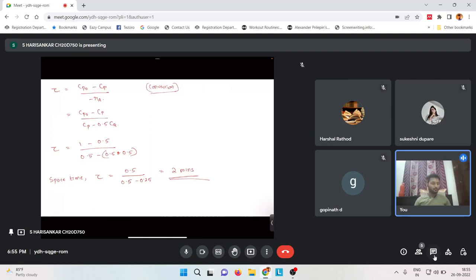So basically what we did here is we first found the actual conversion by using the equilibrium conversion. And once we found the actual conversion, it is a straightforward mechanism. We just had to substitute all these values in the design equation for CSTR, because we are using a CSTR here, and solve that to find the space time, which is 2 minutes.